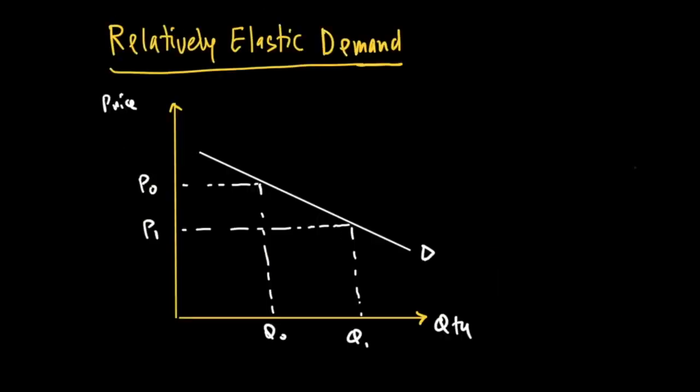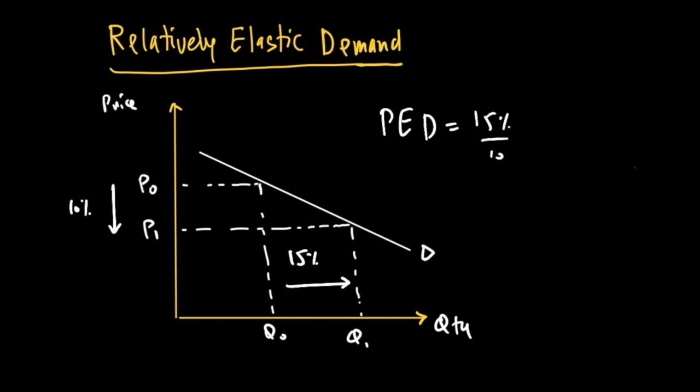When the good is relatively elastic, this is where we made a demand curve which is very flat, and we say that if the price goes down, let's say by 10%, the quantity demanded may go up by, let's say, 15%. So in this case, your PED will be 15% over 10%, which would be 1.5.